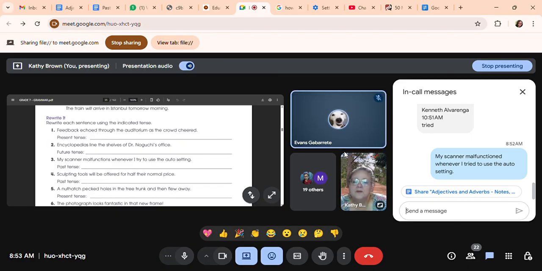Were being. Okay, let's make it regular past tense and not progressive past tense. Will be is the future tense of be. What is the past tense?